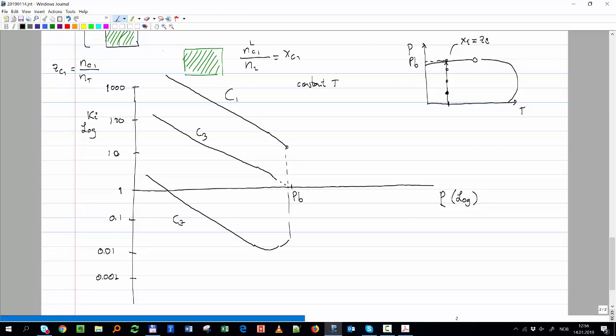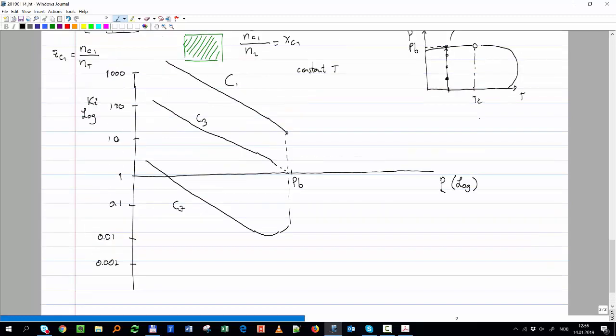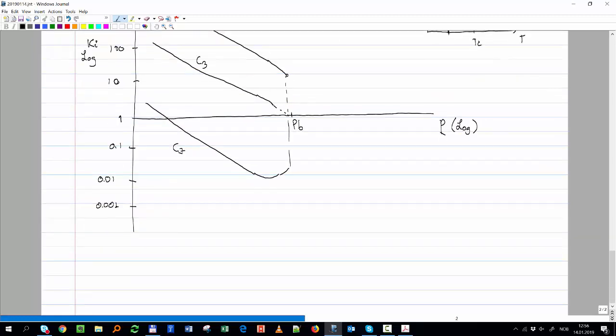Now, something interesting happens when I do that experiment at the critical temperature. If I do it exactly at the critical temperature, what they saw actually, let me make a new plot.